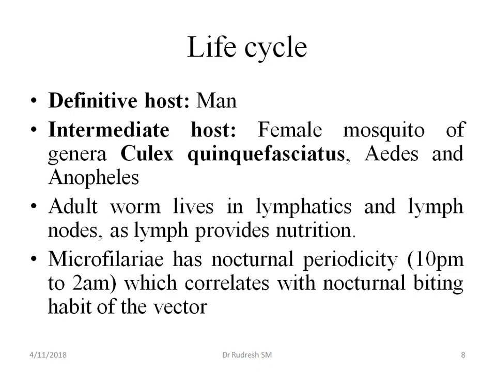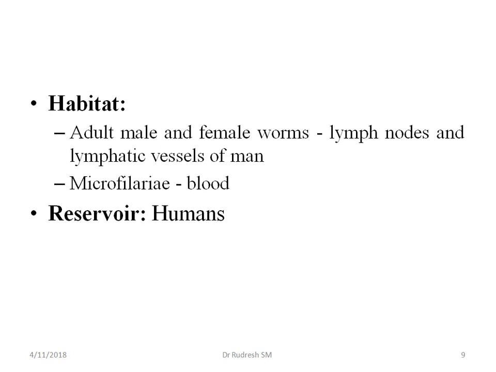That means they will be present in the blood between 10 p.m. to 2 a.m., and this correlates with the nocturnal biting habit of the vector. The reason for nocturnal periodicity is not known, but various theories have been put forward, and one reason may be the nocturnal biting habit of the vector. The reservoir is always humans.